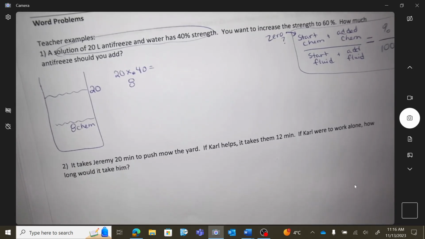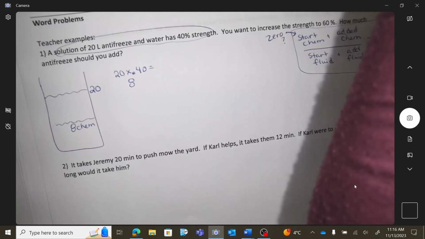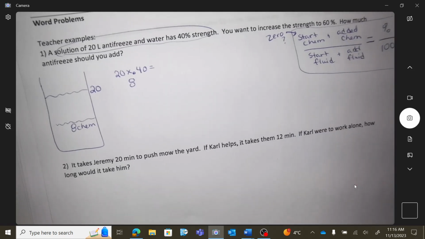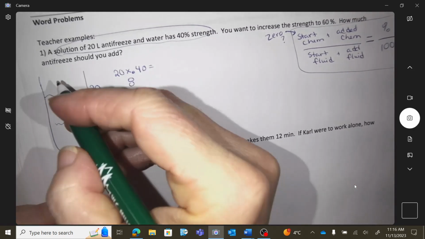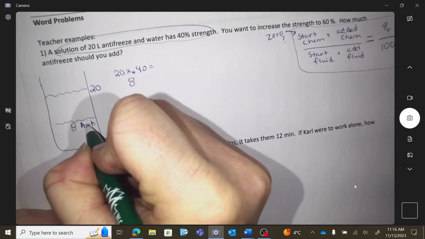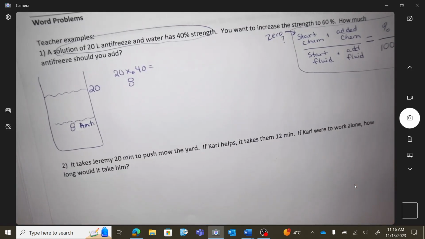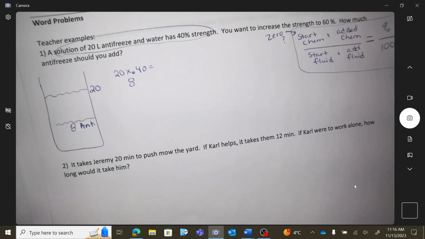Okay, I'm just going to erase chemical because I'd rather call it antifreeze, but you can call it that too, whatever. So right now, inside my jug, I have 8 liters of antifreeze inside the whole total, which is 20.